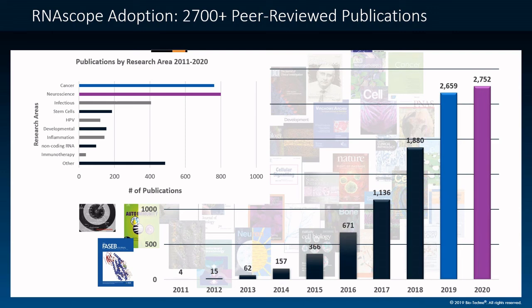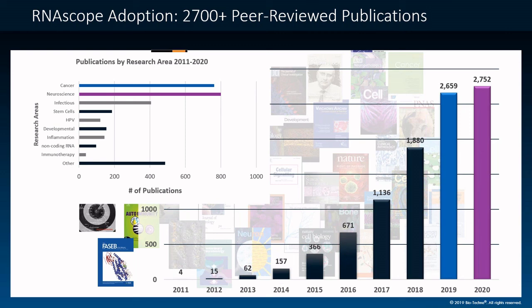Our first publication came out in 2011, and since then we've had over 2,700 publications in numerous journals, many in high-impact journals such as Nature, Cell, and Science, really showing the power of the data that these researchers are getting.